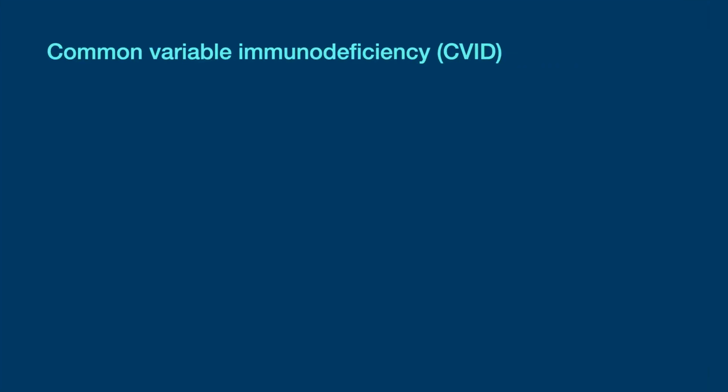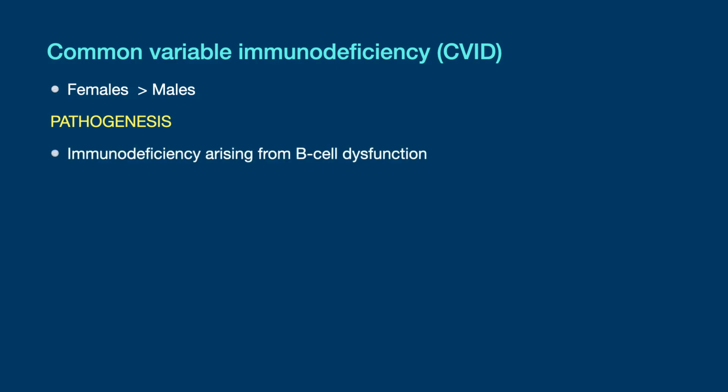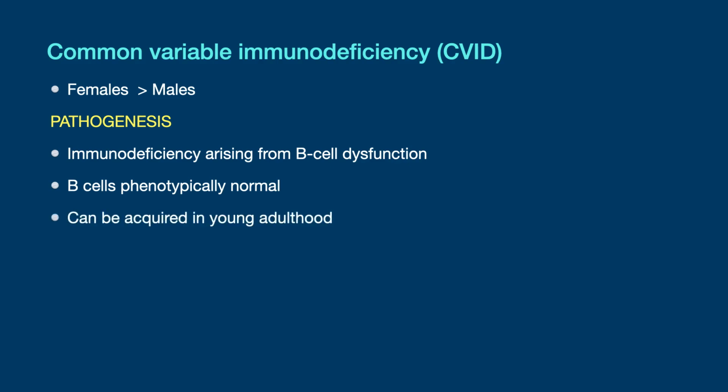Next, common variable immunodeficiency. It's more common among females as compared to males. It's an immunodeficiency arising from B-cell dysfunction. However, the B cells are phenotypically normal, and it can be acquired in young adulthood.